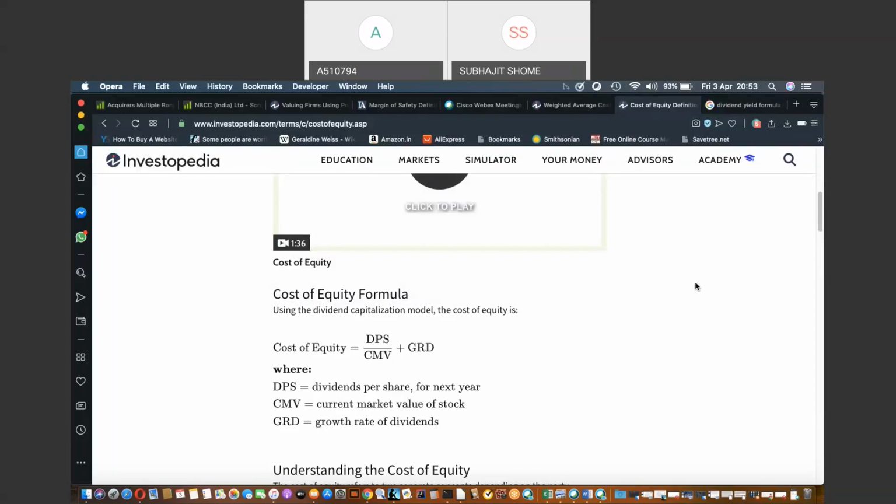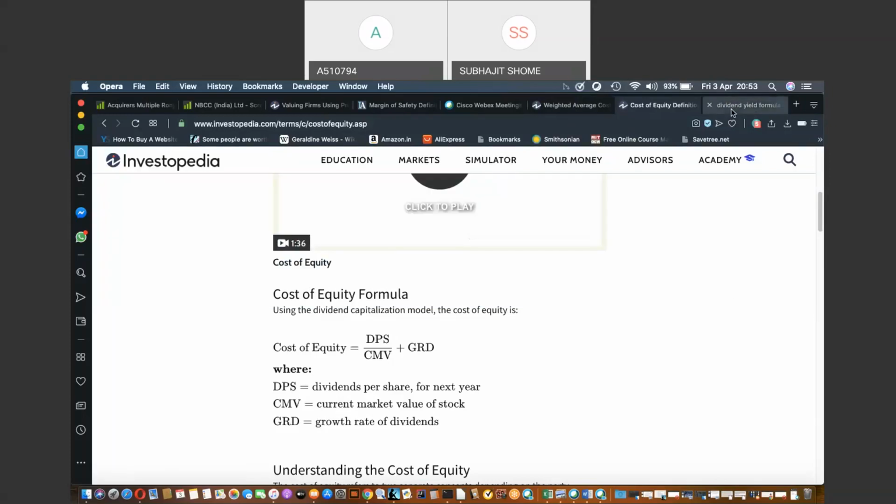So ultimately the weighted average cost of capital will be same as the cost of equity, 0.102. Understood? So now we have WACC.